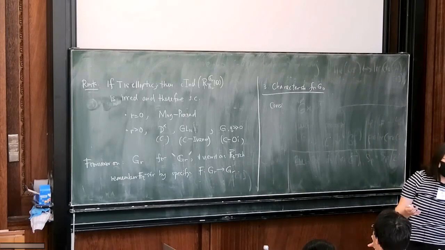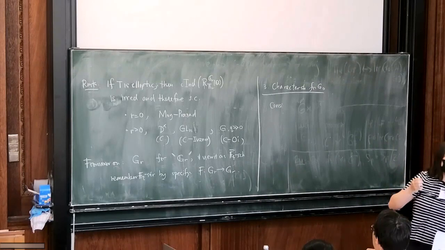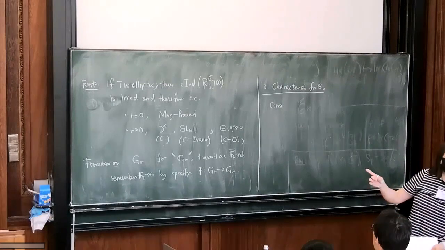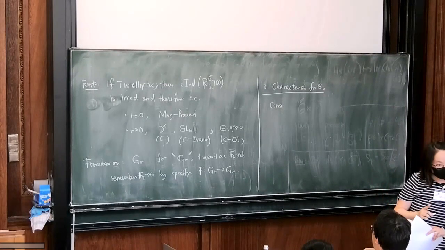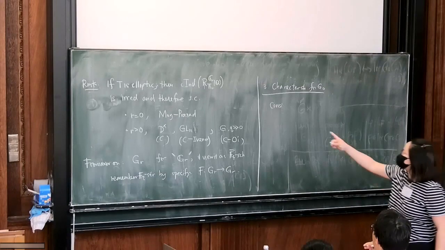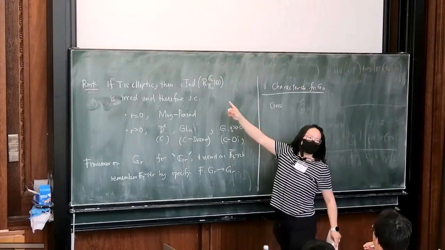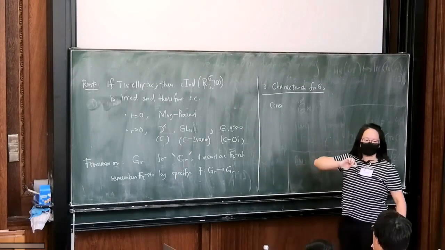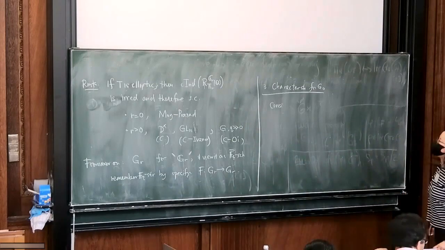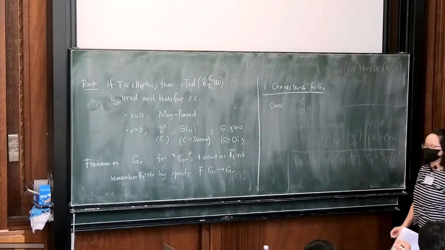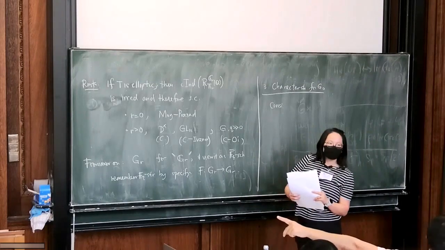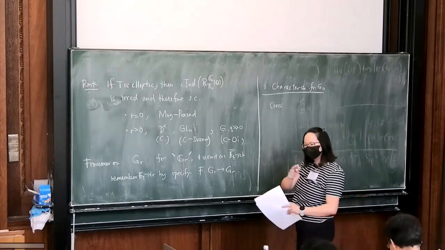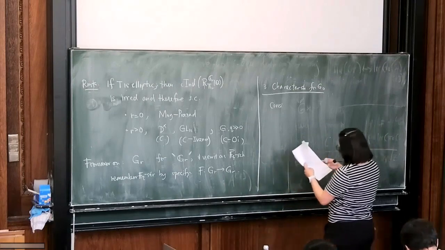So if you have a representation of GR, then you can just pull it back to a representation of GX0. And then to get a representation of, I think what you mean by G is the p-adic group, you compactly induce. So that's this comment here.